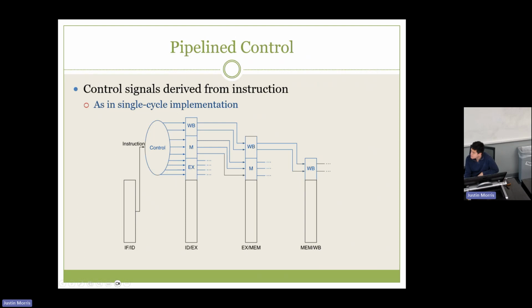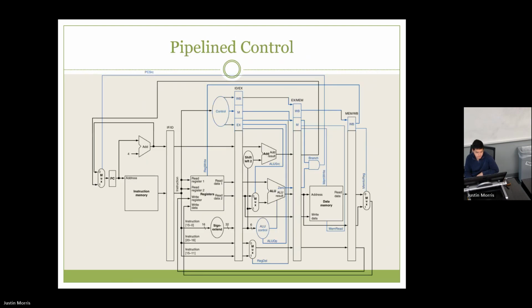So we can see that all of the control signals follow the instruction, right? Just like all of the data that's needed for the instruction follows the instruction. So here is the data path with now control signals added to it. Okay.